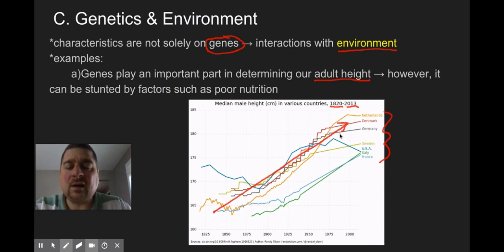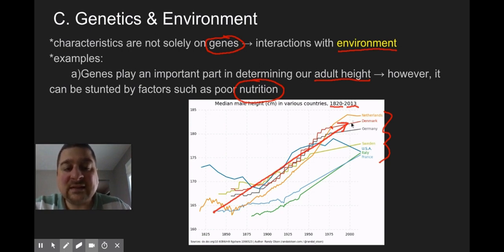Why is that? Are our genes changing? No, our genes haven't really changed. We just think better access to better nutrition, okay, being able to go to the grocery store and get fresh fruits, more affordable instead of having to grow your own vegetables and food, and not having to go through times of winters and stuff when you can't eat as much, your nutrition's not as good.